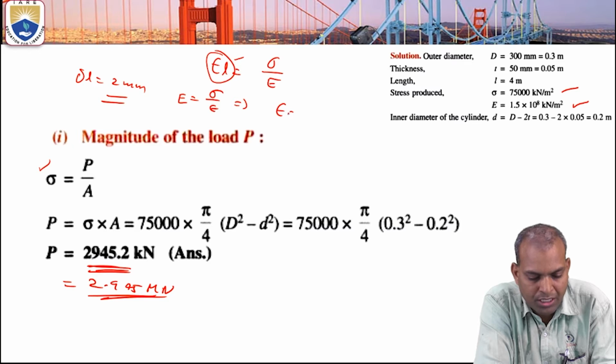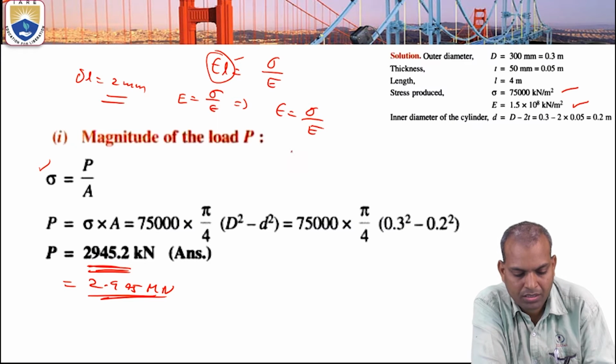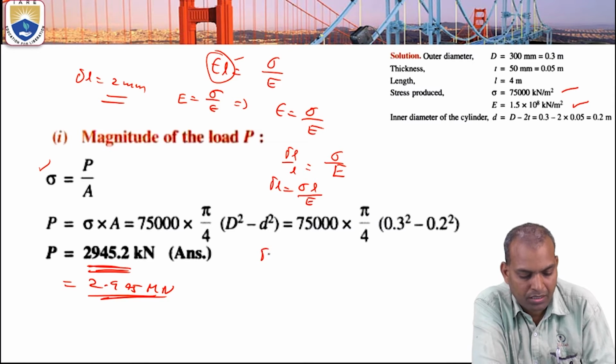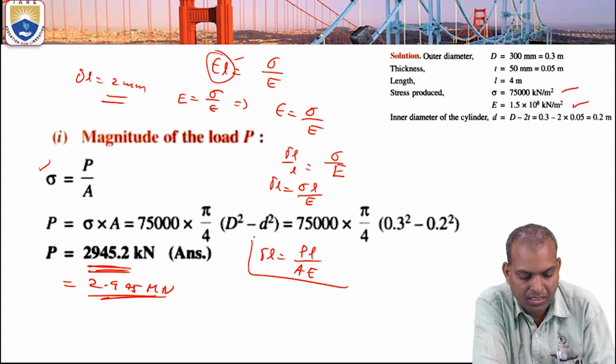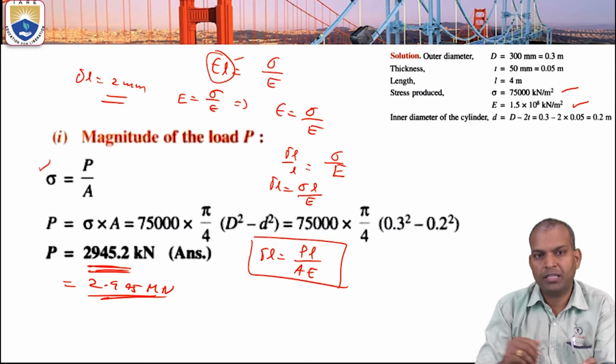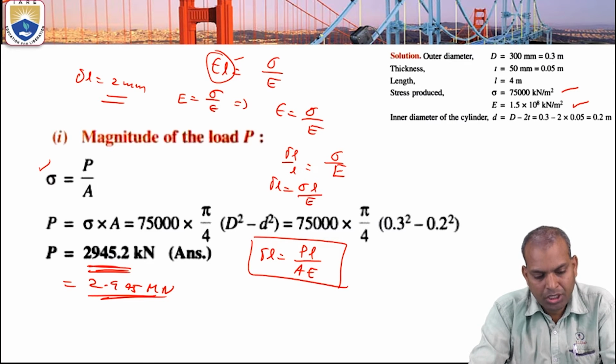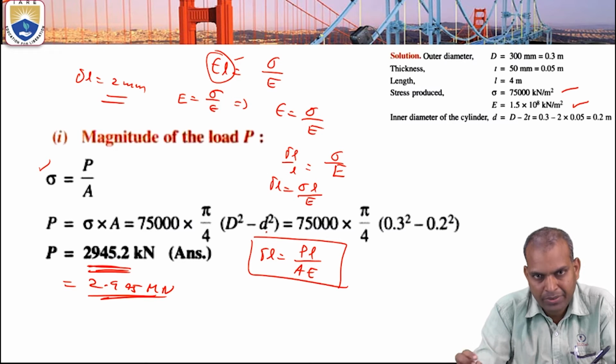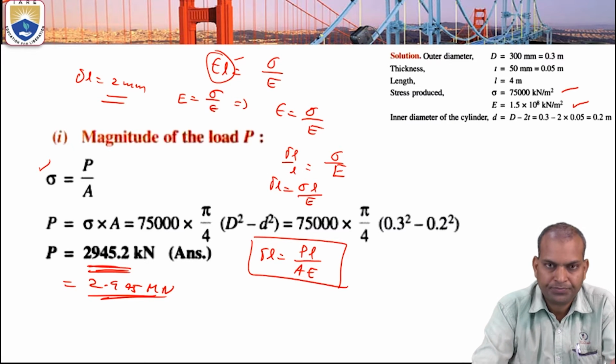Then strain equals sigma by E, so delta L by L equals sigma by E, and delta L equals sigma L by E. Sigma is the pressure P by A, so this is the formula: delta L equals PL by AE. In the case of tensile load it is an increment in length; in the case of compressive load it is a decrement in length, reduced length.